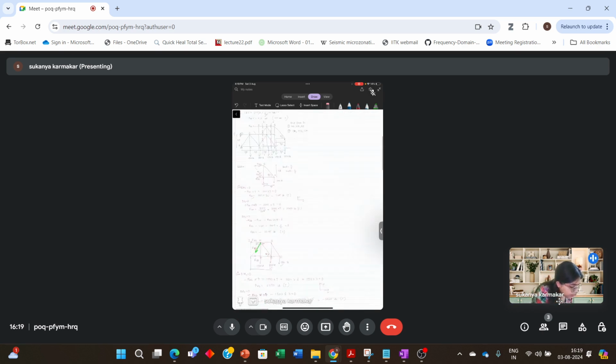So the truss is similar to the truss in question number 3.